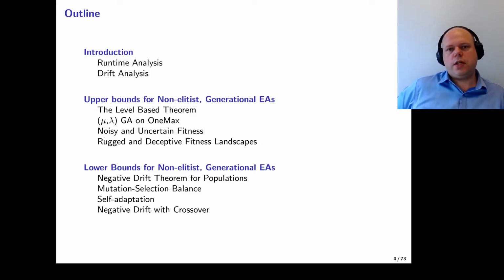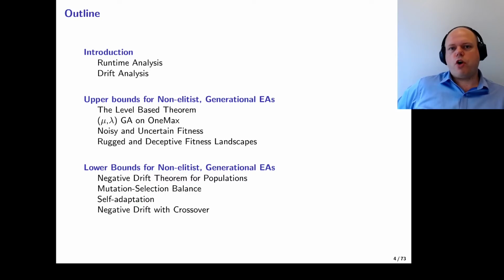Using drift analysis, we can often obtain upper or lower bounds on the expected time for simple evolutionary algorithms to reach a global optimum. However, for population-based algorithms, more complex algorithms, especially those using crossover and so on, it's non-trivial to apply drift analysis directly. So instead we're going to introduce various tools that help us analyze these more complex algorithms.